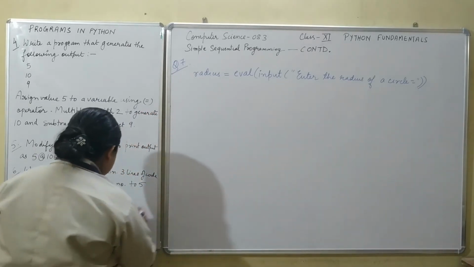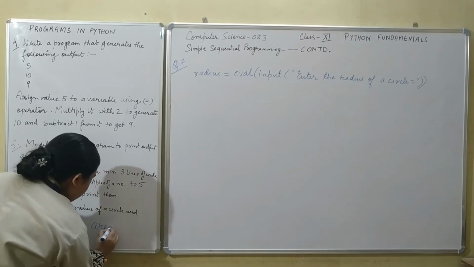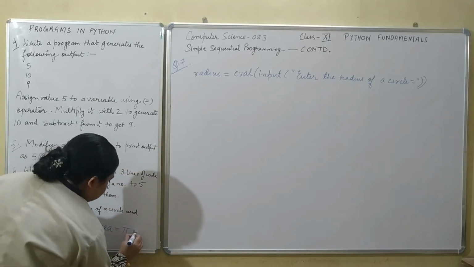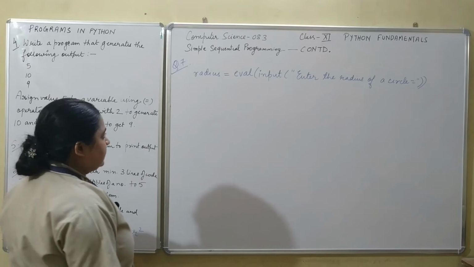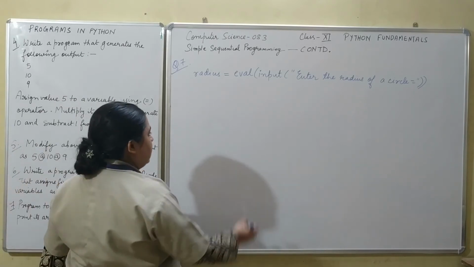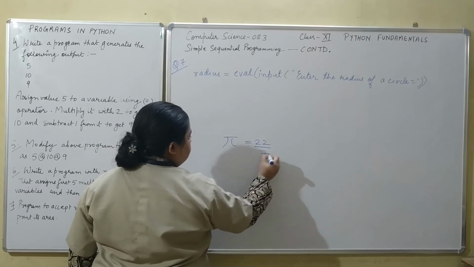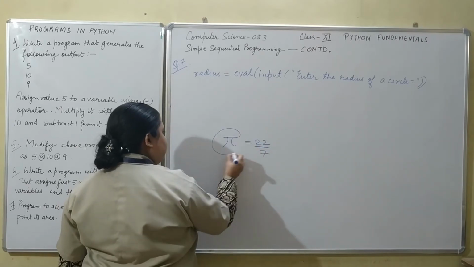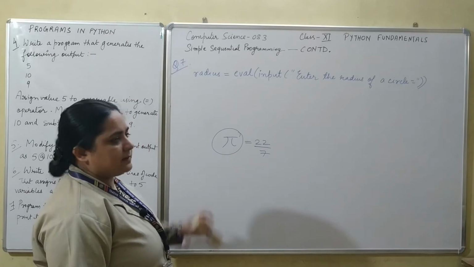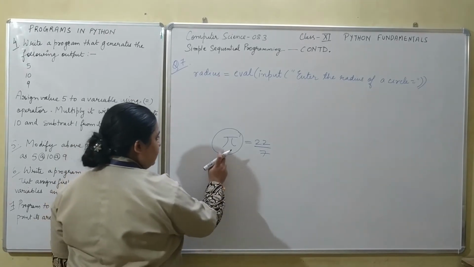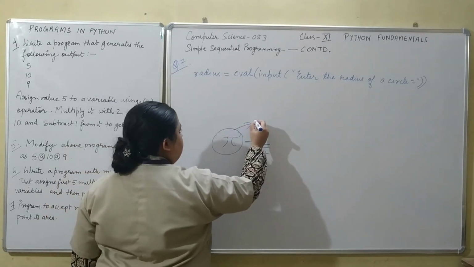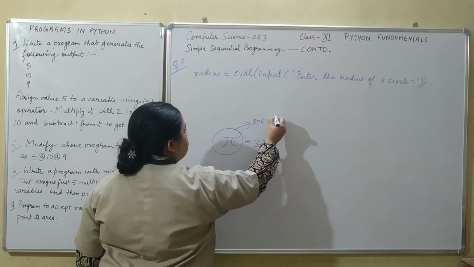So what is the area of a circle? You already know its formula, pi r square. Now where do we get this pi from? Pi is a constant. In Python we have no way of representing this special symbol because it is a Greek letter, and Greek letters come under special symbols.